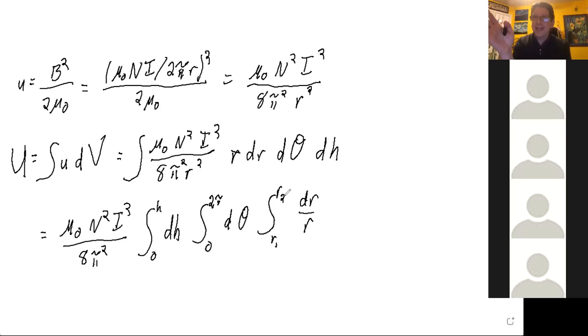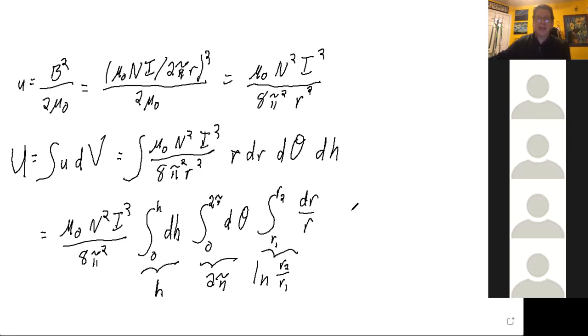So again, the trick to this problem is setting up the integral. Actually doing the integrals isn't that difficult. This integral is simply h. So you're basically multiplying by the thickness of the rectangle h. And you're also multiplying by 2 pi because you're integrating over the entire circle. And then this integral is just the natural log of r2 over r1.